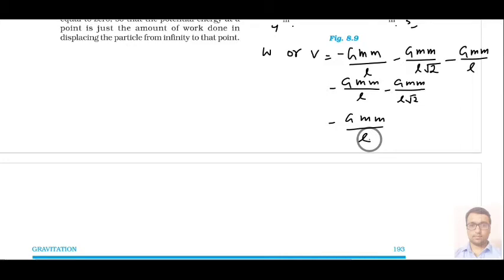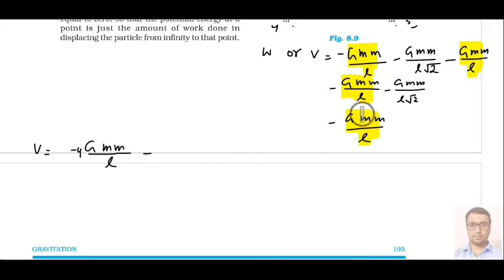You can see that the term G small m into small m upon L is repeated 4 times. So I can write V equals minus G m into small m upon L, 4 times.